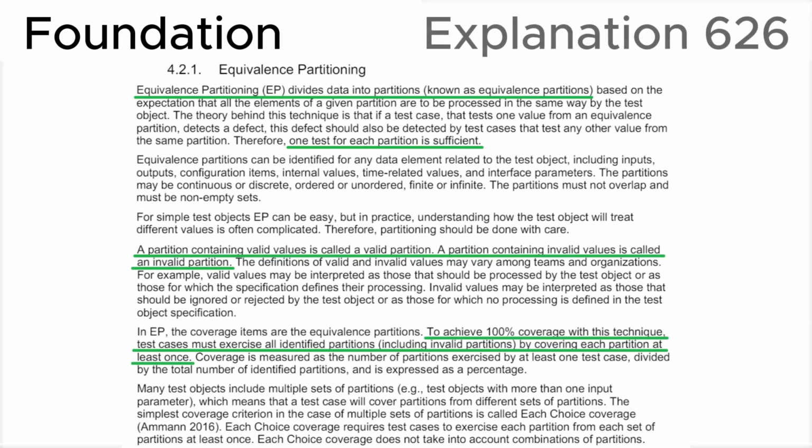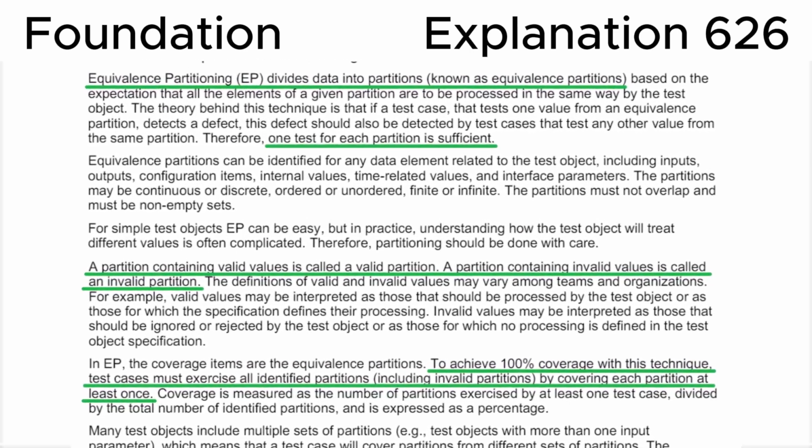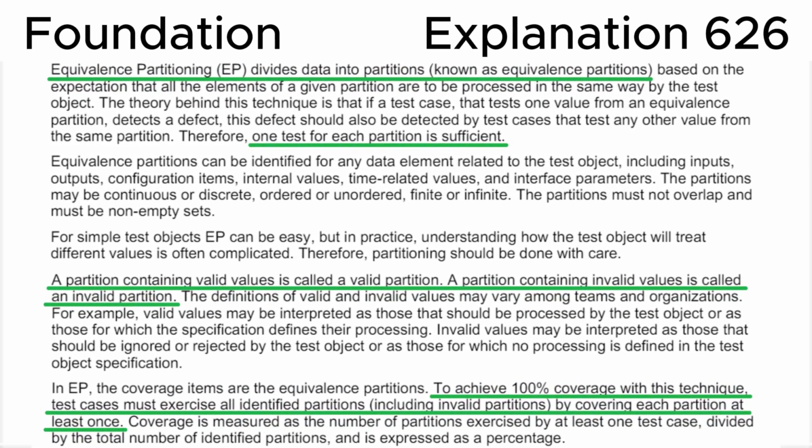Explanation. Finally, let's look at section 4.2.1 Equivalence Partitioning in the ISTQB Syllabus, where we can see that equivalence partitioning (EP) divides data into partitions, known as equivalence partitions. One test for each partition is sufficient. A partition containing valid values is called a valid partition.